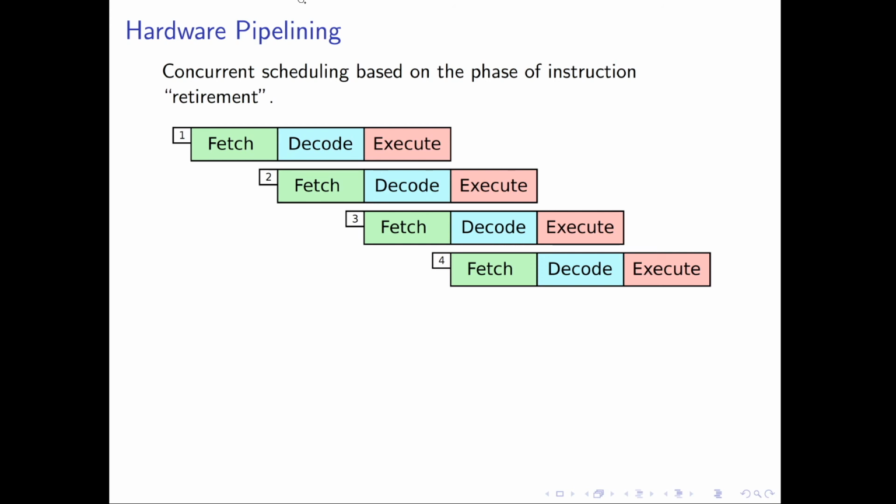So when we retire an instruction, the first thing that we do is we fetch the instruction from memory or from a buffer, and then we decode the instruction, and then we fetch all the operands that are necessary to execute the instruction. So we're basically filling registers with content, and then eventually we will execute the instruction. And those phases can actually be pipelined too.